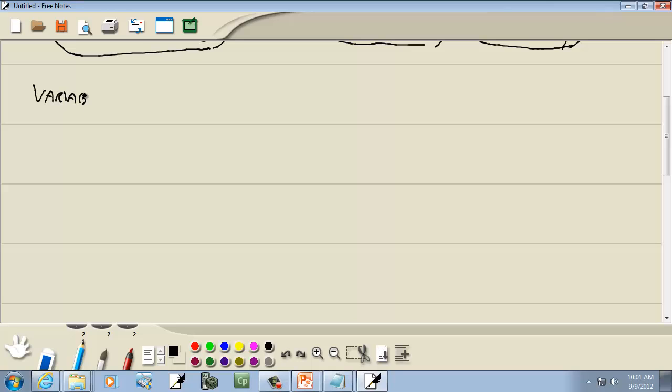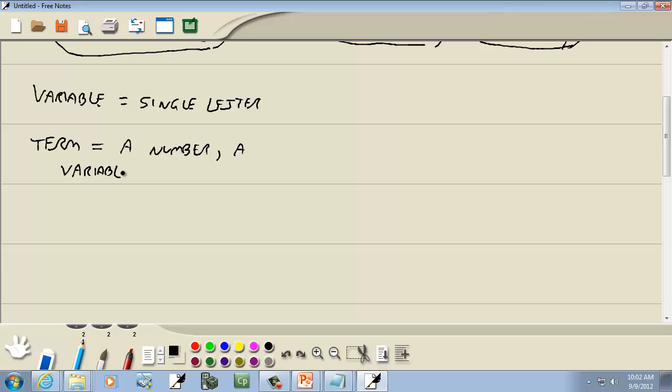We've already been referring to variables. A variable is a single letter, and again, it represents a number we don't know. Now you can have something called a term. This is a number. This is a variable. And I put an S on here to indicate you can have more than one variable.